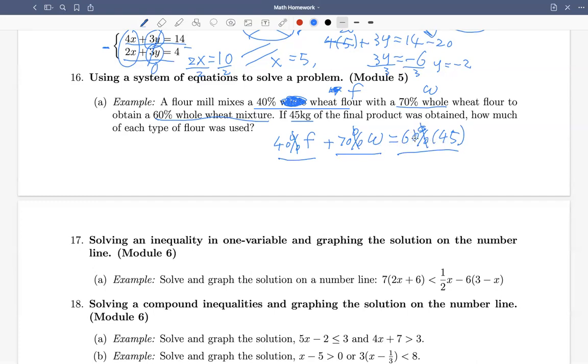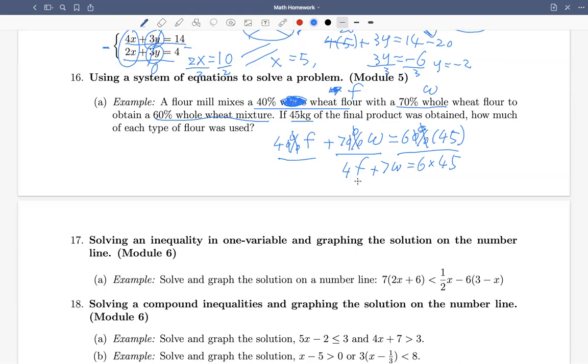We can also divide by 10 for all those three terms. Now we have 4F plus 7W equals to 6 times 45.